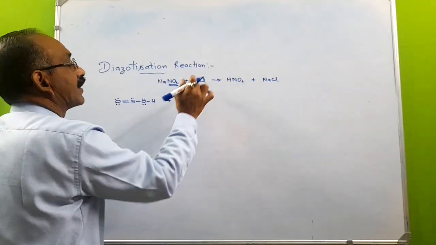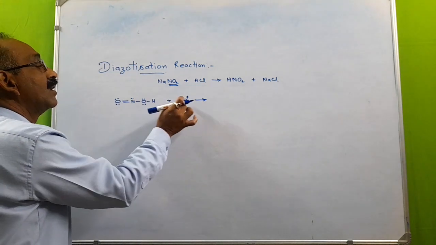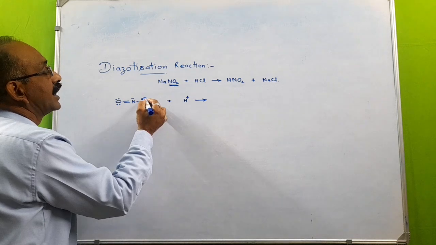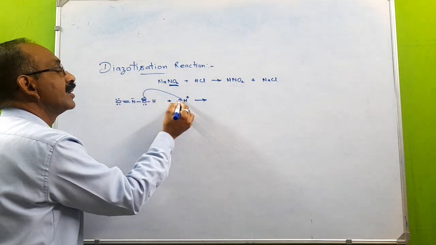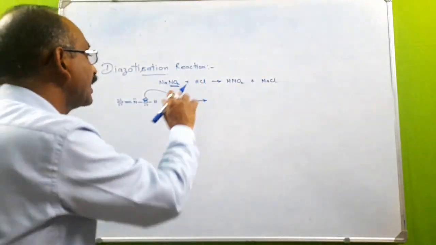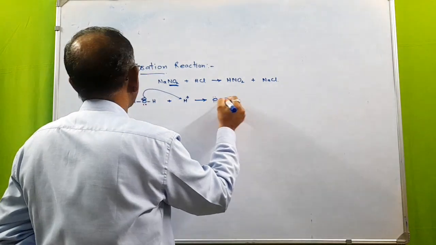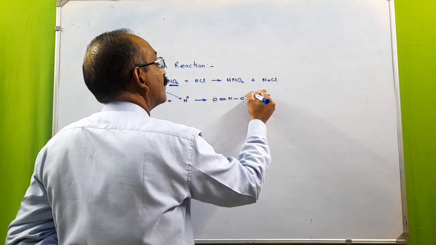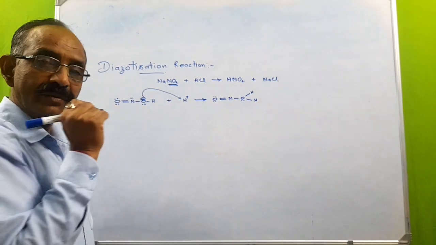HCl will furnish the proton, so the H plus will attack, or the electron pair of the oxygen of the OH bond is donated to the proton furnished by the HCl, and thereafter at this oxygen, after protonation, one more hydrogen will form a bond with it.